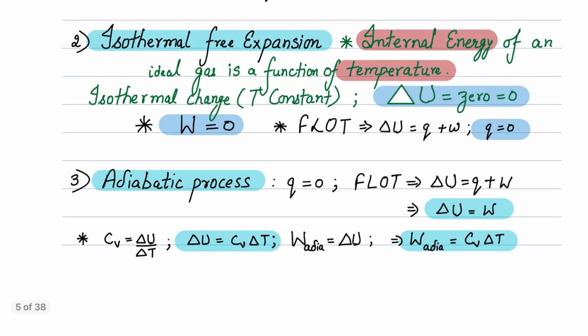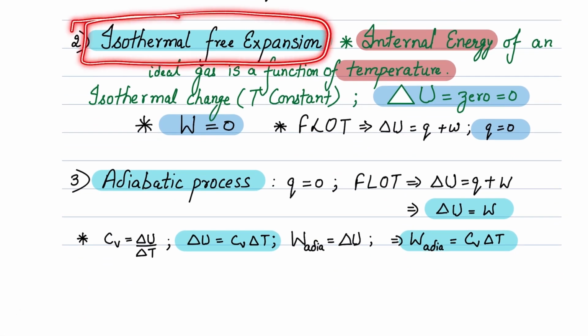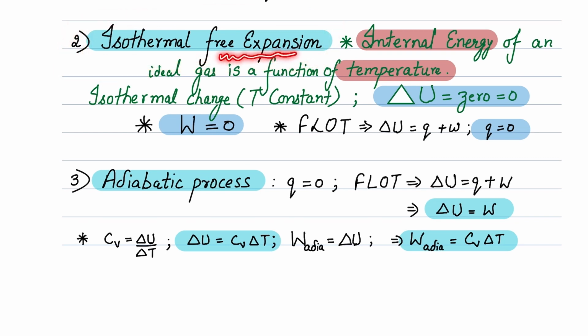Now, let us consider the second case, that is the isothermal free expansion. We have included a word, that is isothermal. Now, before going to the result, first understand this, that internal energy of an ideal gas is a function of temperature.